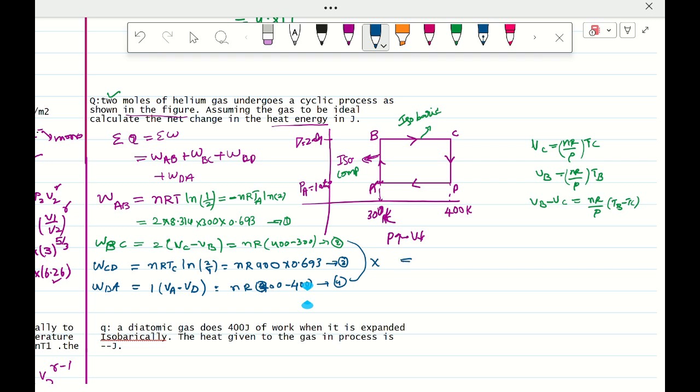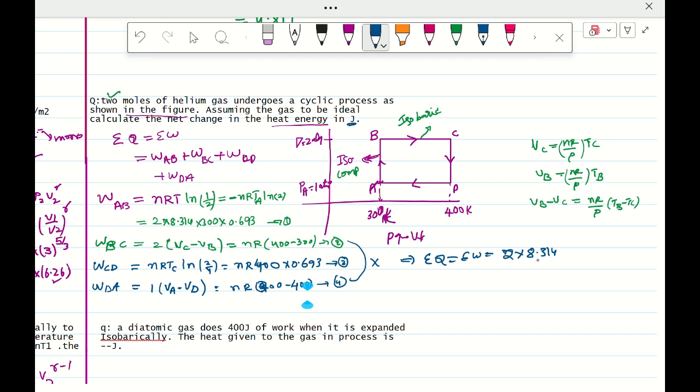So the total heat energy Q is equal to the total work done, that is equal to 1 plus 3, that is, 3 minus 1. This is 400, so 2 into 8.314. They are asking in joules, not calories. In calories, R value 2 would be taken, and sometimes they ask in calories.